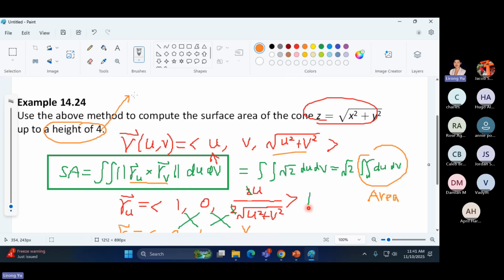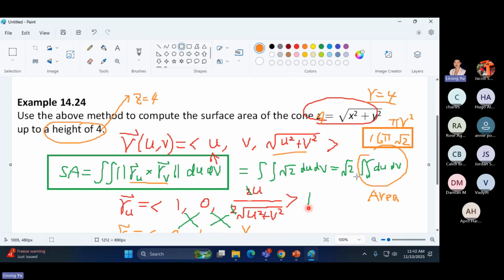By height of 4, we mean the z of the cone. If this equals 4, that means r equal to 4 is a circle with radius 4. So the area of a circle with radius 4 is pi r squared, with r equal to 4, so 16 pi is the area. Then we multiply 16 pi times root 2, which is the final answer to the question.